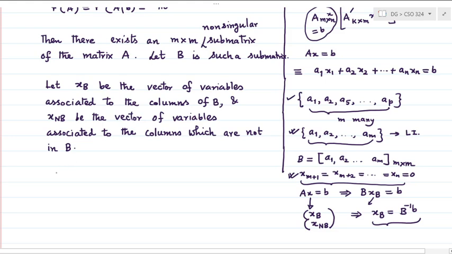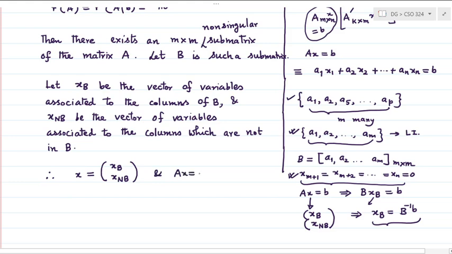And therefore, the variable vector x, I am writing in this form, xB first, then xNB. Fine.